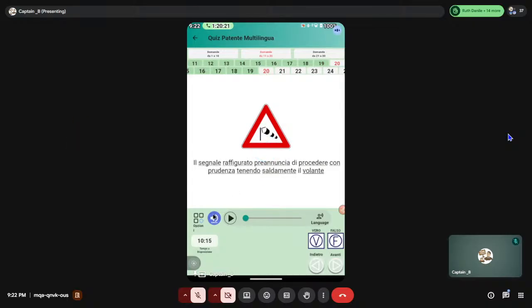Il segnale raffigurato preannuncia di procedere con prudenza tenendo saldamente il volante.